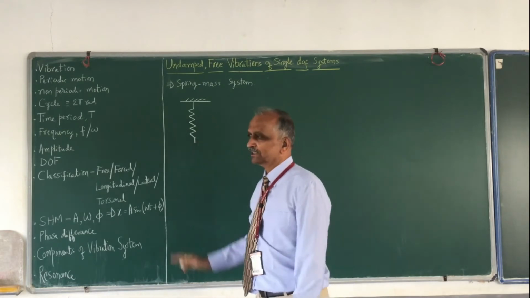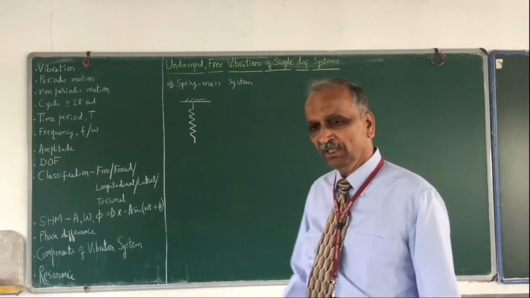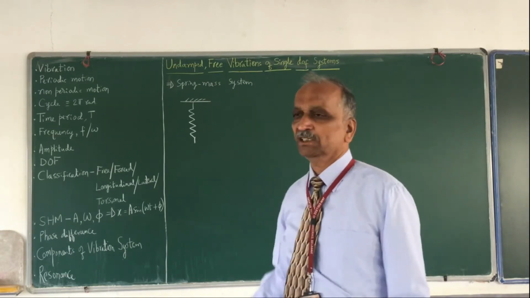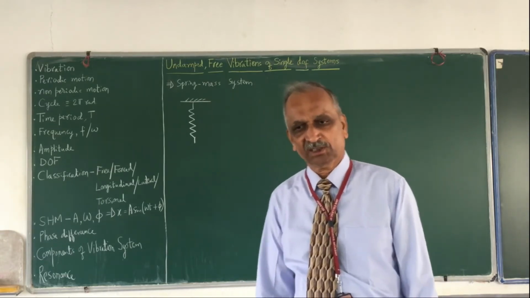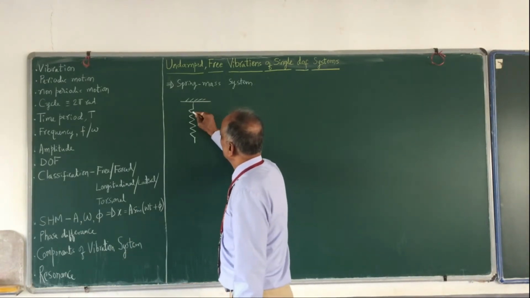Right now I assume, and a little later I shall take that also into account, that the spring is of negligible mass. The spring mass is negligible, and I extend it.